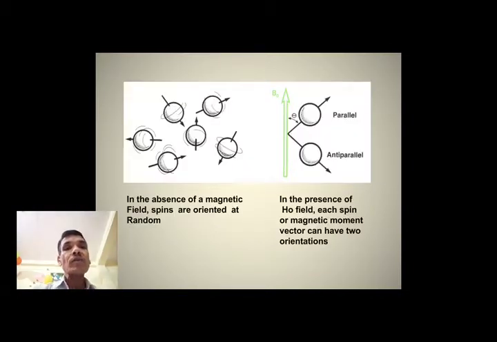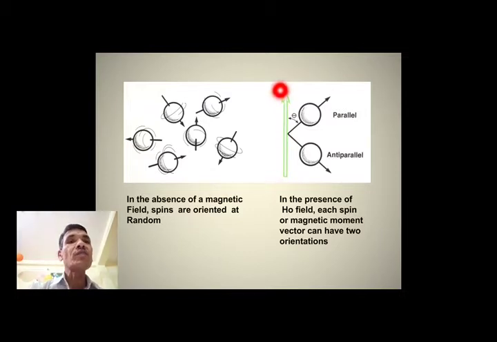In the absence of a magnetic field, spins are oriented randomly, which is shown here in this figure. Every nucleus is spinning along its own axis and they orient in any direction or in many directions.